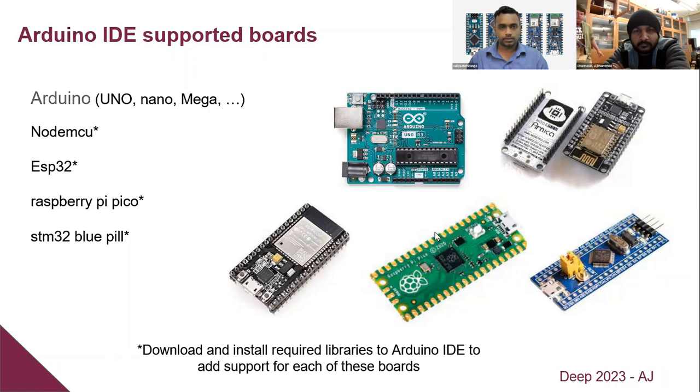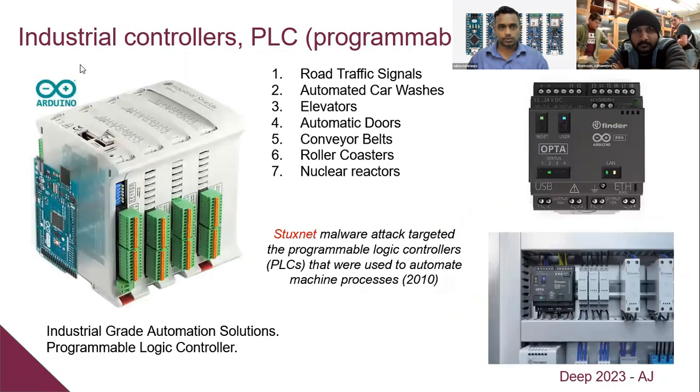Right. Then we come to industrial controllers like PLCs, programmable logic controllers. There are software and hardware for PLCs as well. These PLCs are used in road traffic signals, automated car washes, elevators, automatic doors, conveyor belts, roller coasters, and nuclear reactors.